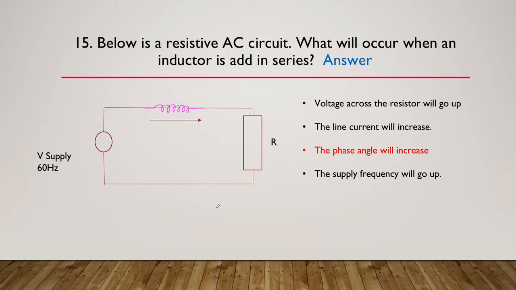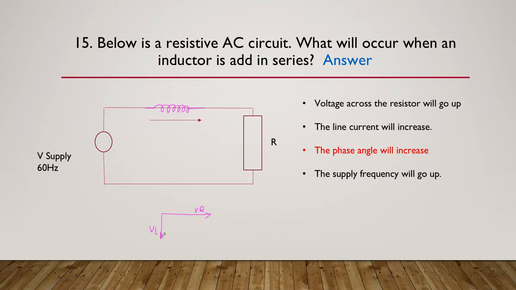And if I was to draw a quick little phasor diagram, here would be the voltage across my resistor. Here would be the voltage across my inductor. So voltage across the resistor, voltage across the inductor. So what's going to happen?